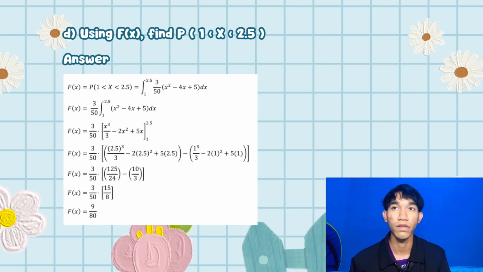For D, we are asked to use F(x) and find P(1 < X < 2.5).